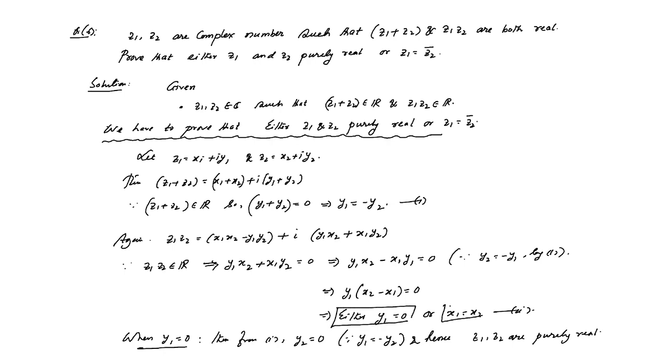We have already taken the Y1 equals 0 case. Now we take the case X1 equals X2. When X1 equals X2, Z1 is X1 plus iY1 and Z2 is X2 plus iY2.